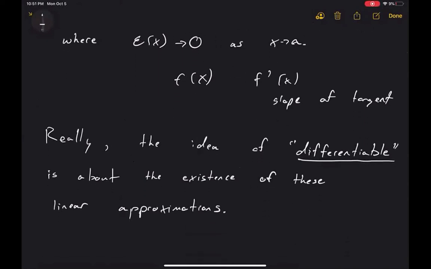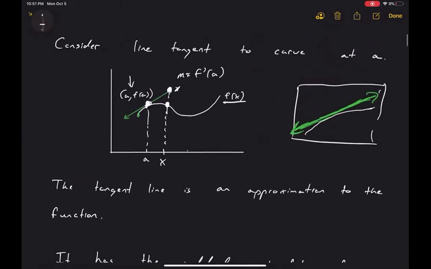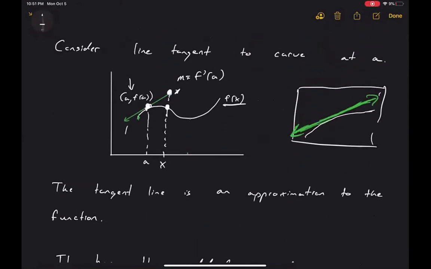But really, when we're saying something's differentiable, what we're saying is we can make one of these linear approximations to our function. We can approximate our function with a linear function.